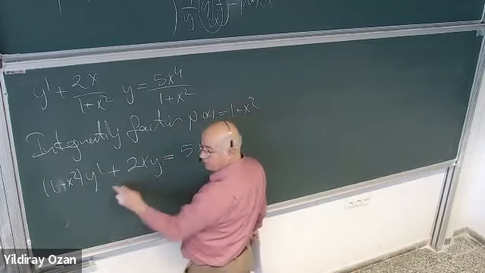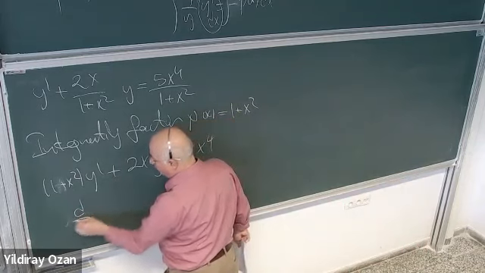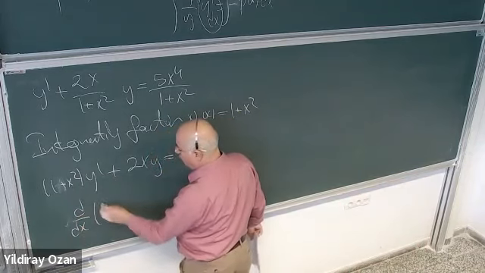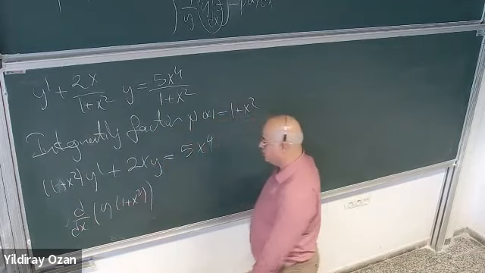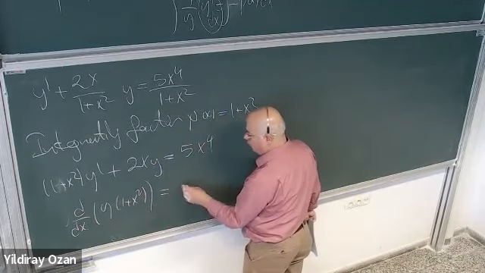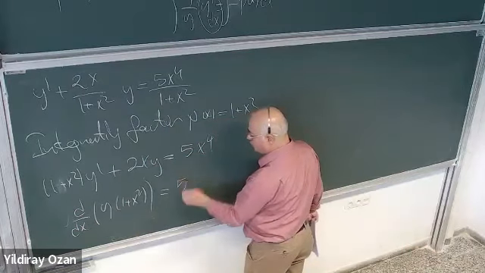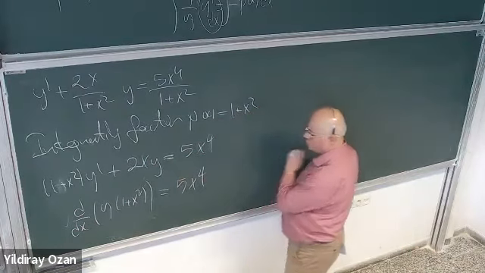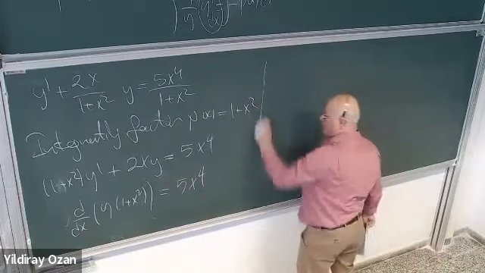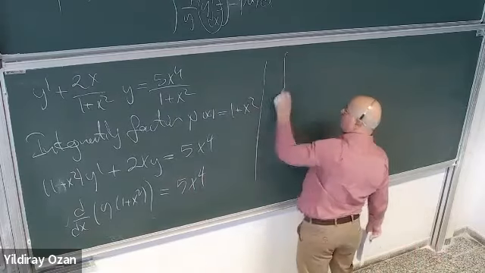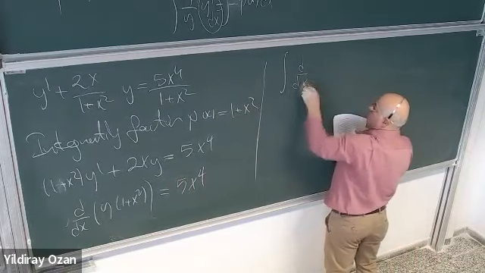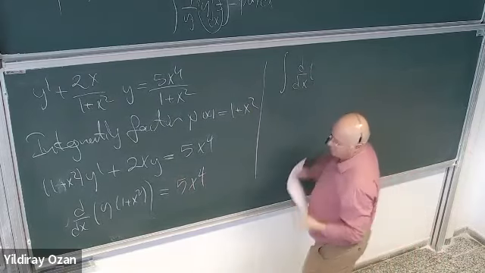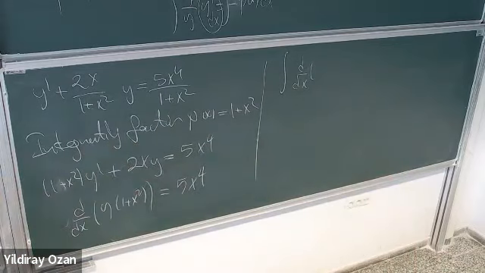Şimdi bu nedir? This is the derivative of y times 1 plus x squared. Right? So the derivative of y times 1 plus x squared is just 5 times x to the power 4. So we just integrate this. Ya da integrate etmemize gerek yok değil mi? Yani türevi oysa kendisi nedir?